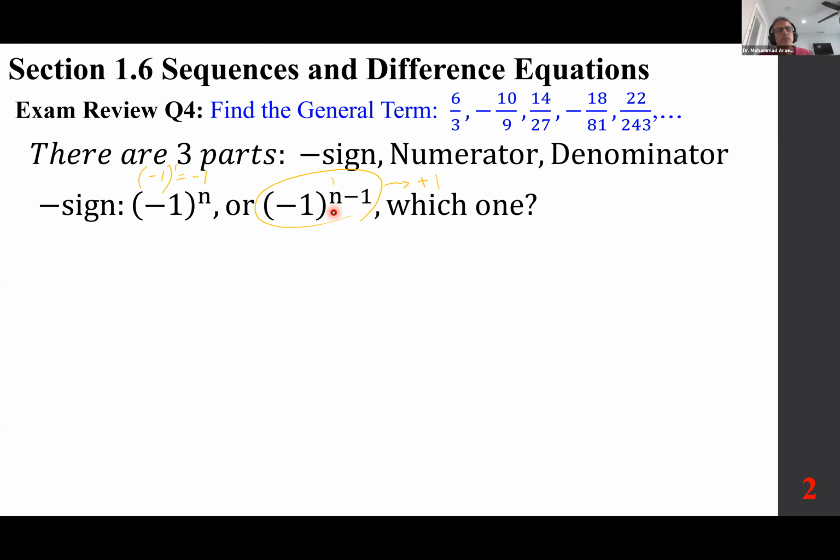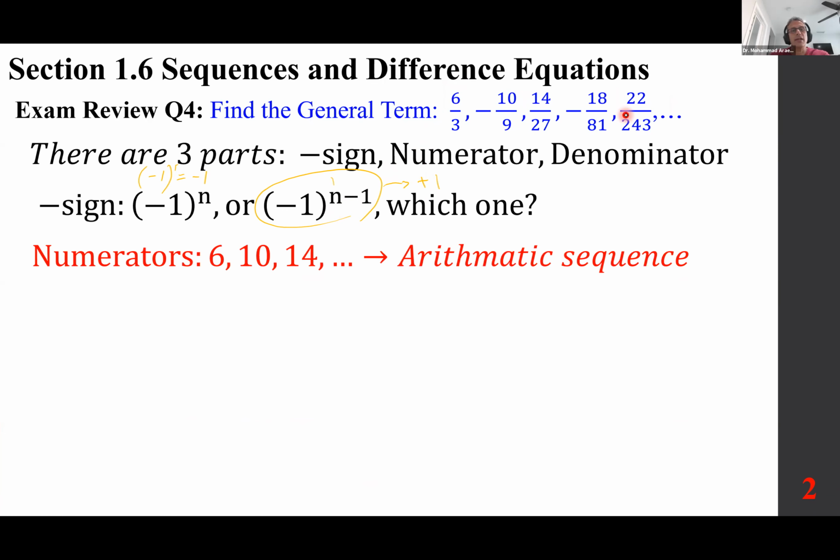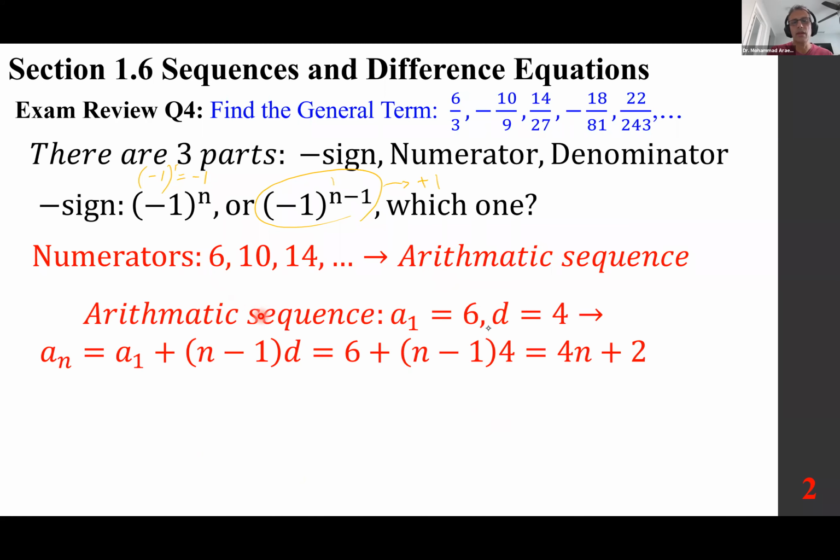Done. The next one, look at the top: 6, 10, 14, 18, 22. Now you don't have to worry about the sign. What are we doing? We are adding 4. So that's an arithmetic sequence, class. You use a sub n equals a sub 1 plus n minus 1 times d. A sub 1 is 6, d is 4, and you go through the process.